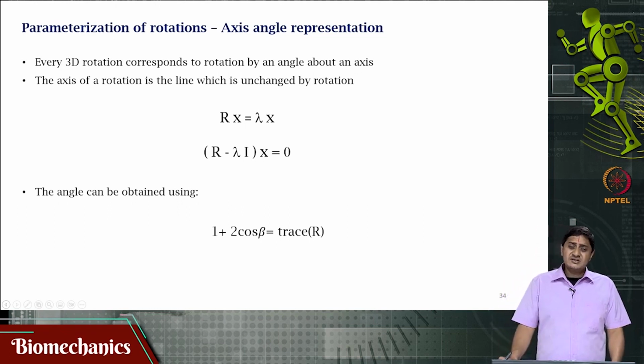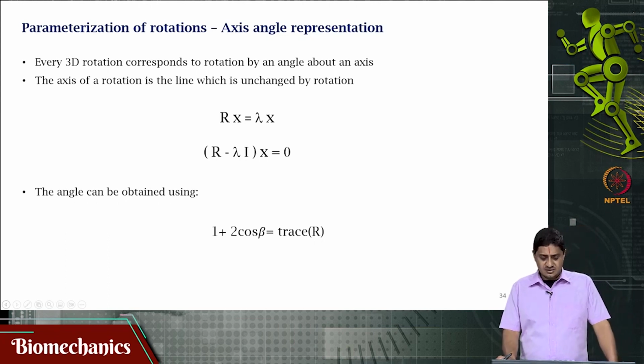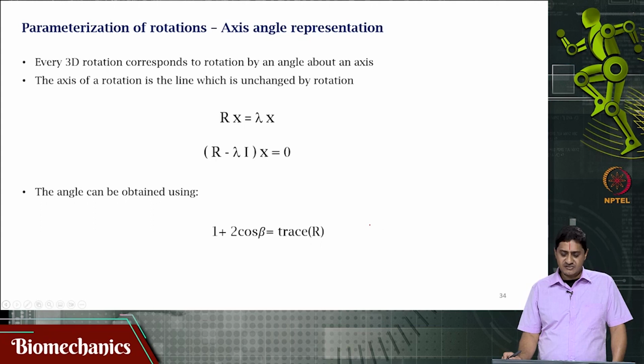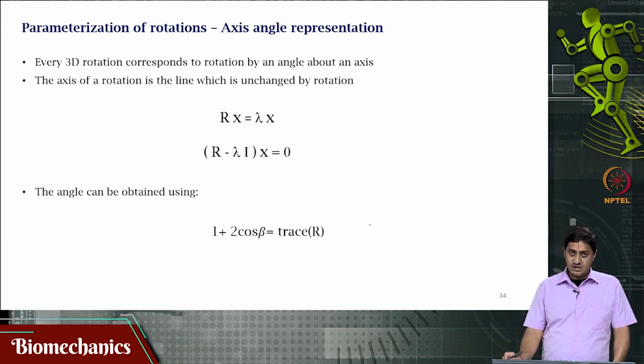Now, the question is, what about the angle of rotation? By how much has the rotation happened? Well, that you can find by using this relationship, 1 + 2 cos β = trace of R. From this find the value of β.